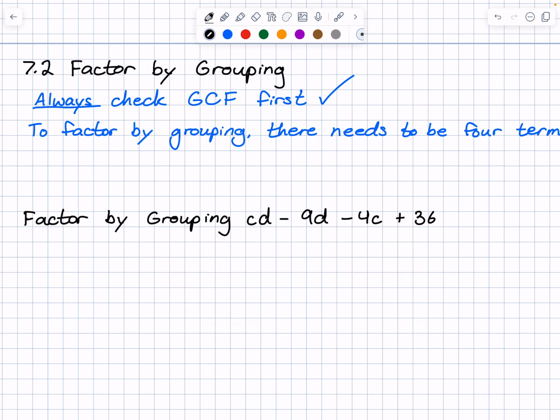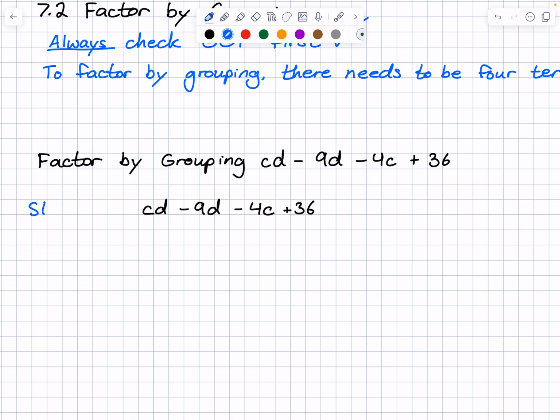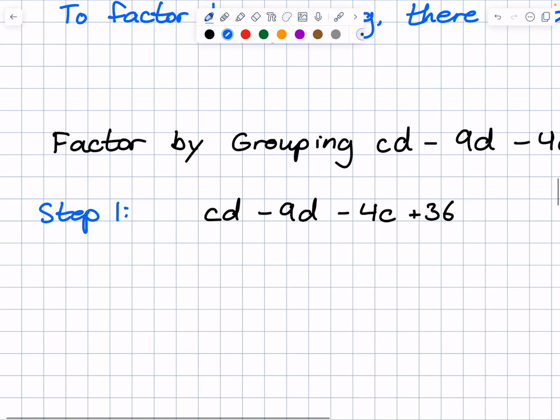Now we proceed. Here's what you're going to do. CD, I'm going to copy it down here, minus 9D minus 4C plus 36. Okay, it's like a 3-step process. So here it is. Step 1, you put parentheses around the first 2.